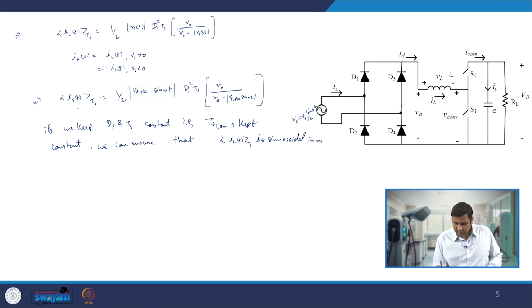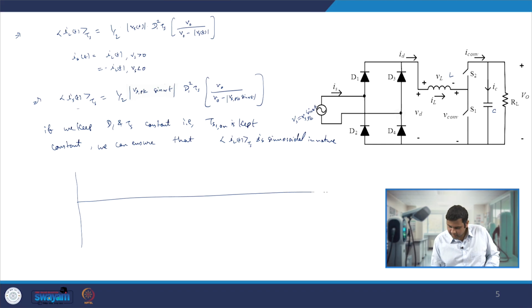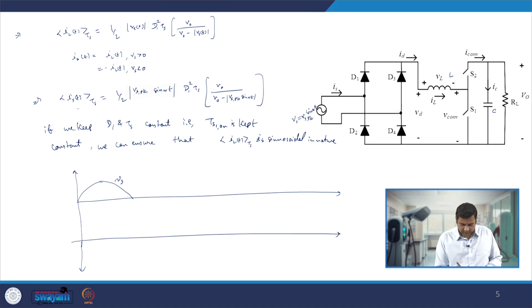If we see this waveform, let us say our Vs is something like this. This is my Vs, or let us say modulus Vs, in one half cycle only.